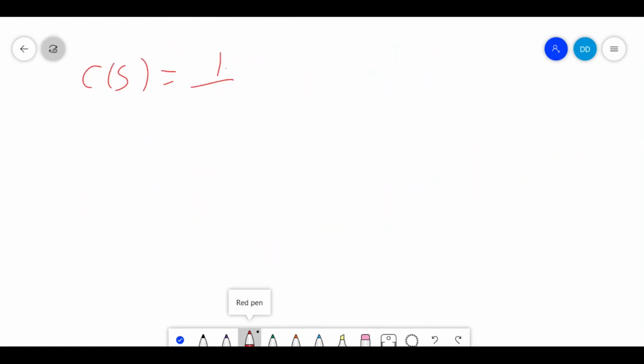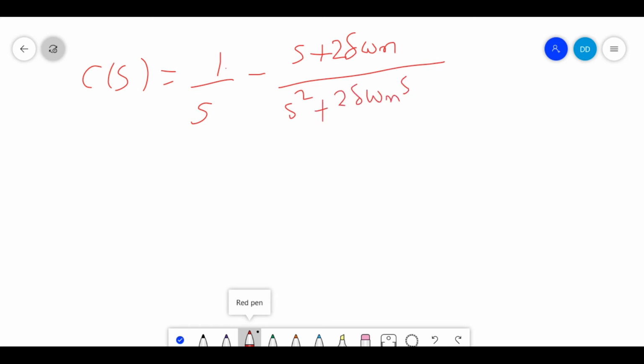C of s is equal to 1 by s minus s plus delta omega n into 2 divided by s square plus 2 delta omega n into s plus omega n square.